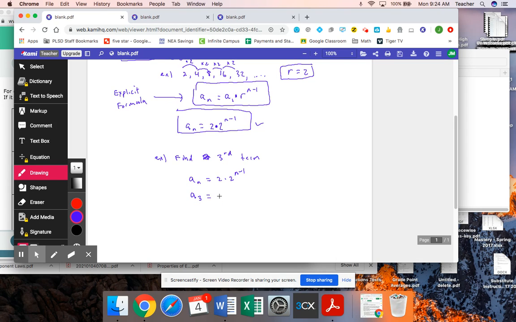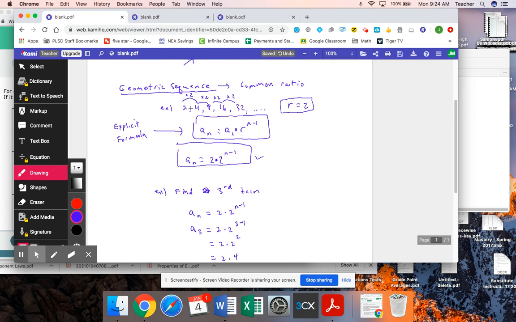This is very similar to when we did the arithmetic. So it's 2 times 2 to the 3 minus 1 because n is 3. So that's really equal to 2 times 2 to the second. And according to the order of operations, I need to do this part first, right? So it's 2 times 4, or 8. So the third term in this sequence is 8.